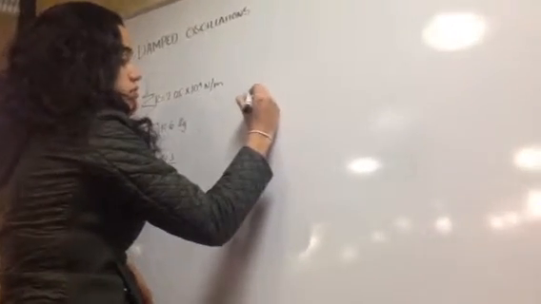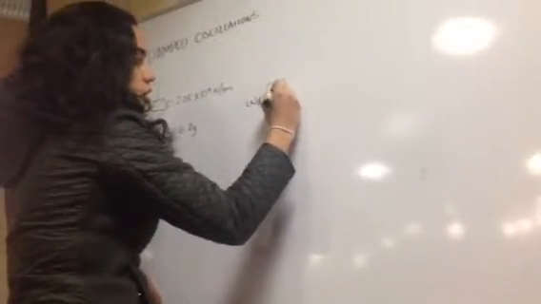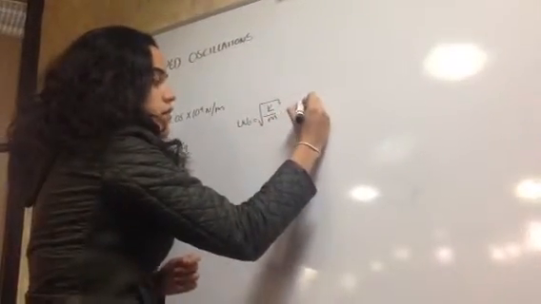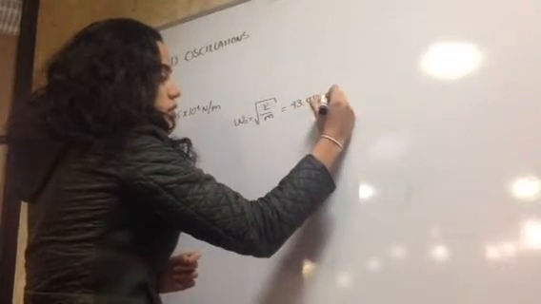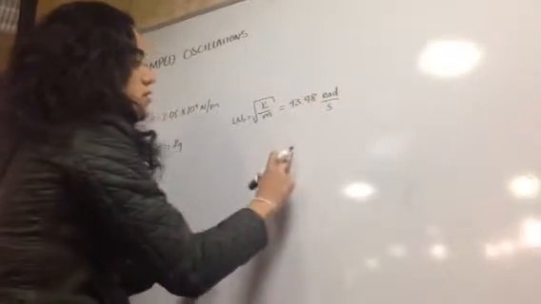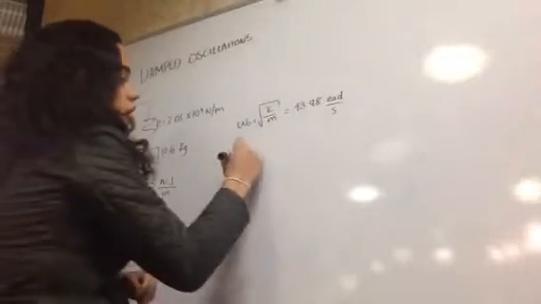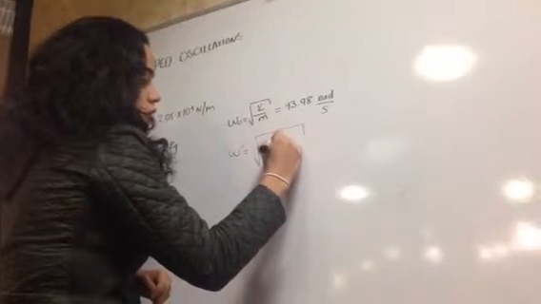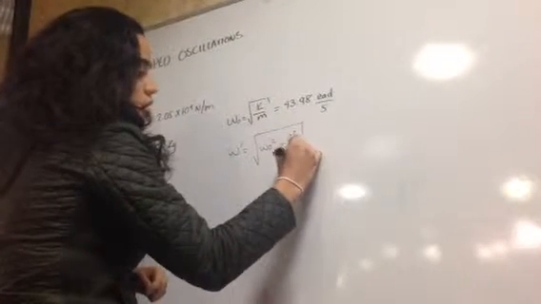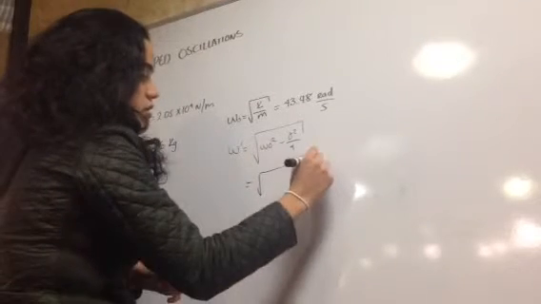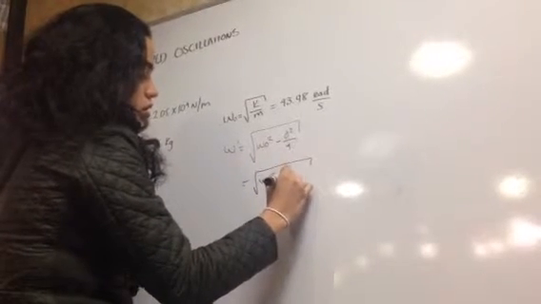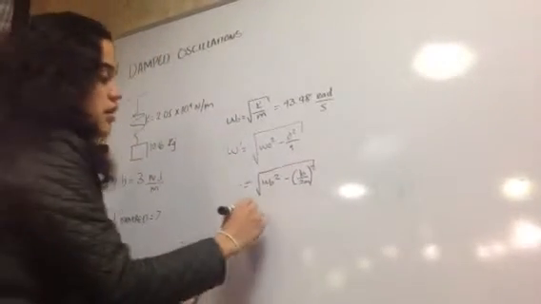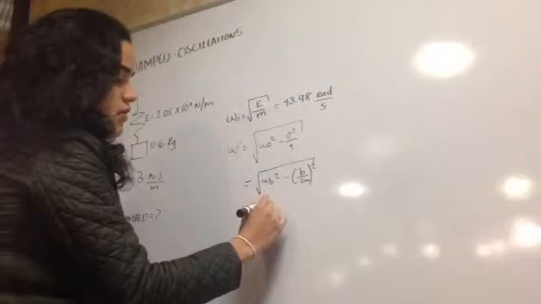Well, omega initial, that's the square root of k over m, and that gives us a result of 43. And with this and the equation that I explained before, I can get omega prime. And this can be rearranged as, if I plug in the data, I get that omega prime is this.